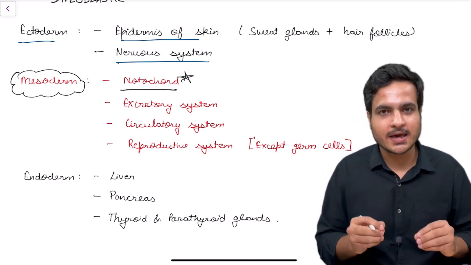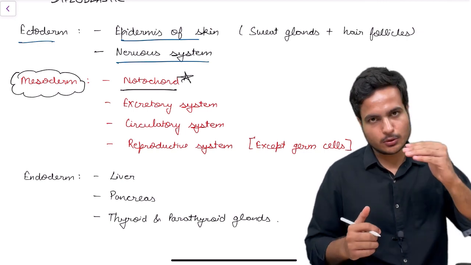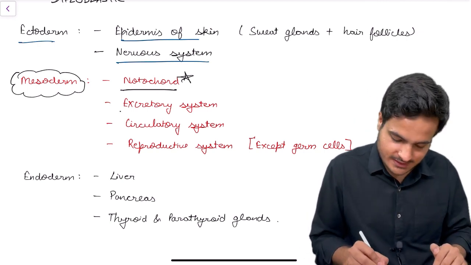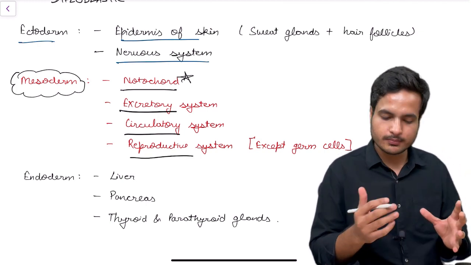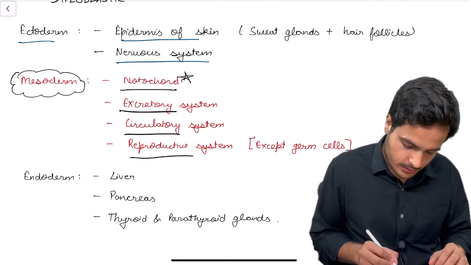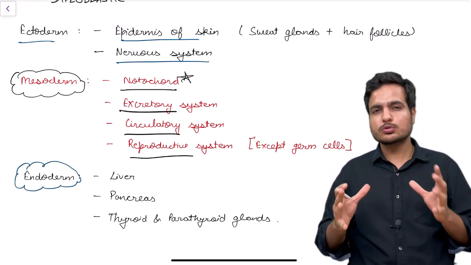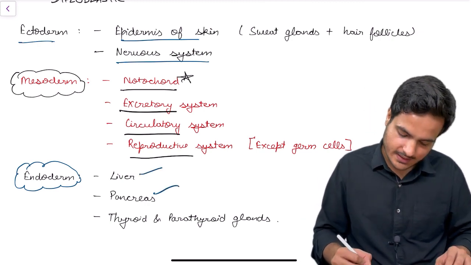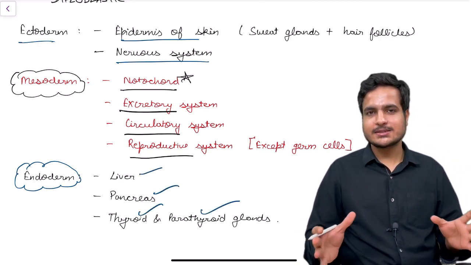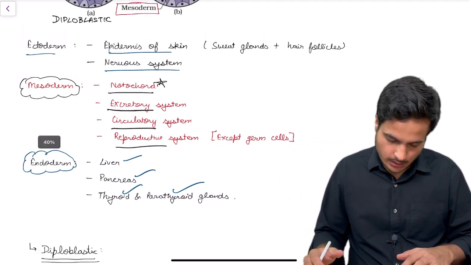Notochord is derived from mesoderm, the middle germ layer between ectoderm and endoderm. Then we have excretory, circulatory and reproductive systems being developed from mesoderm. And now coming to the inner layer, endoderm, it gives rise to most of the glands, for example liver, pancreas, thyroid and parathyroid glands. These are all derived from the innermost layer, the endoderm.